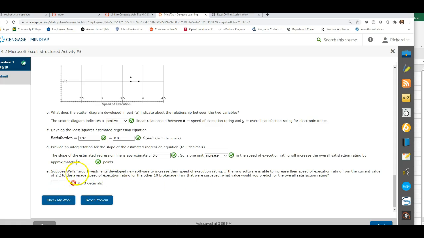They want to know if one of the investment banks is able to increase their average speed of execution to equal the average of the other 10, what would the overall satisfaction rating be?